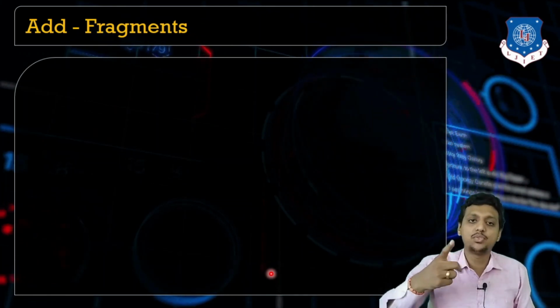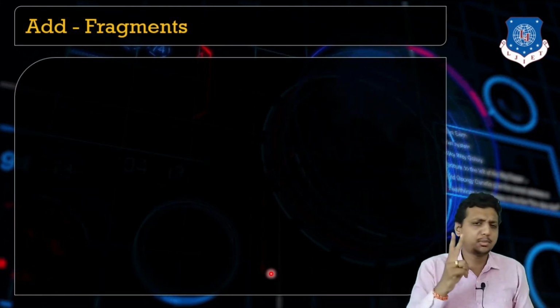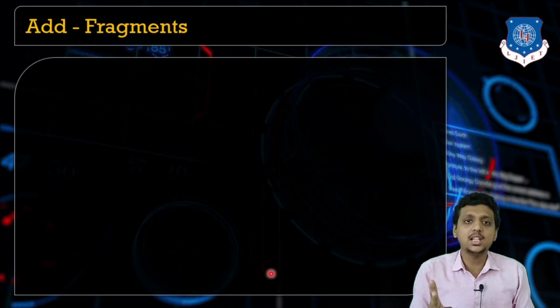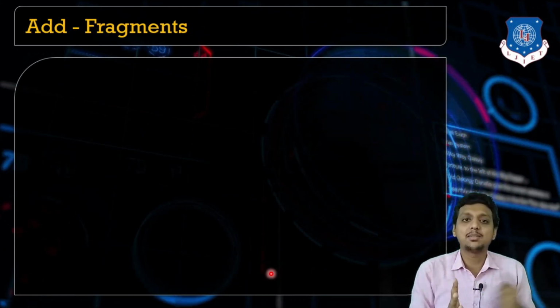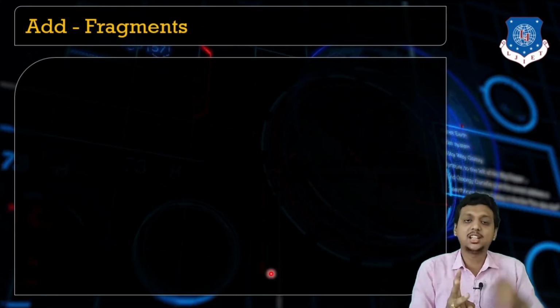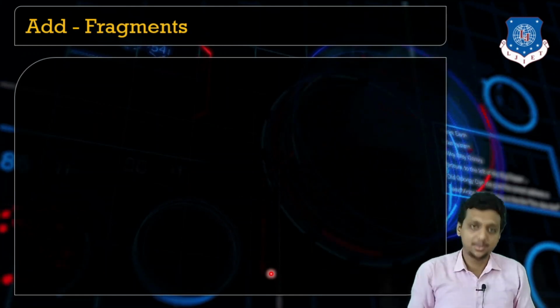Step one, create the XML layout for the fragments. Step two, create the Java file for the fragments. Step three, link the Java and the XML file of the fragments, and set up the layout over there. Step four, create the fragment tag.